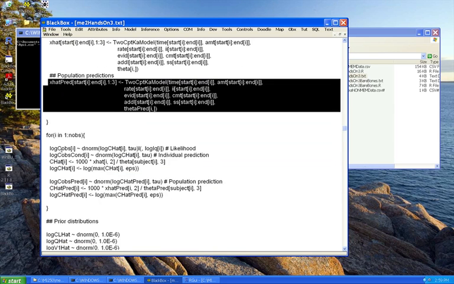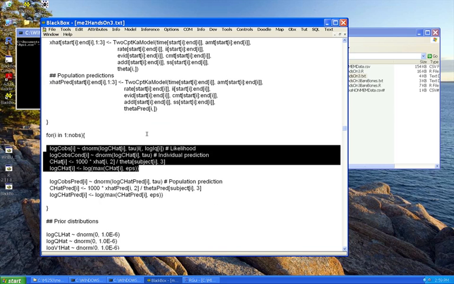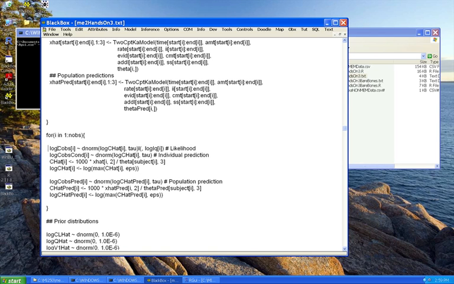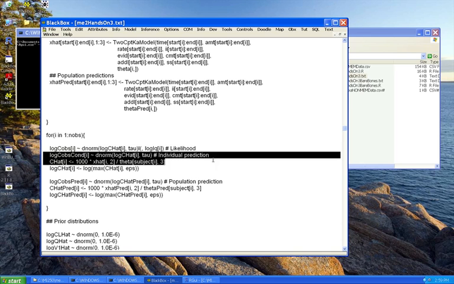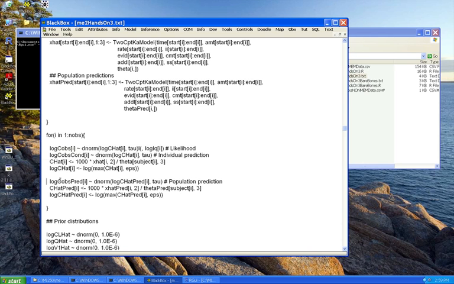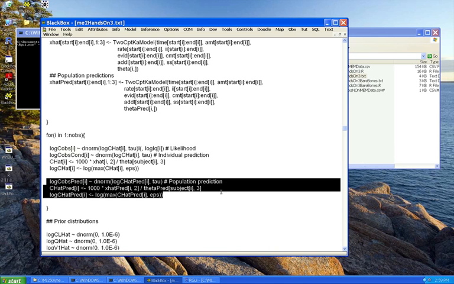And then down here, I've got my usual likelihood with my data. I've got my individual predictions here, and then I've got my population predictions right here. So I added all those components so we can do things like posterior predictive checks and other measures of fit based upon simulated values.